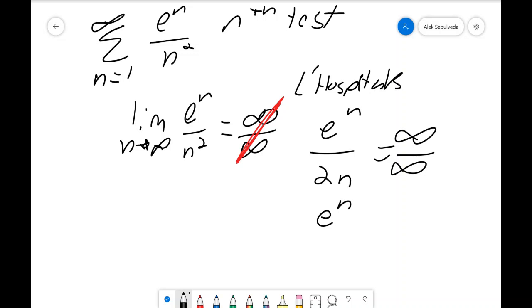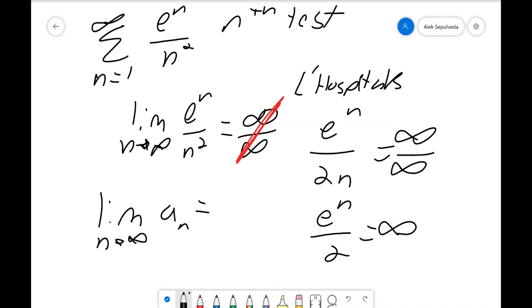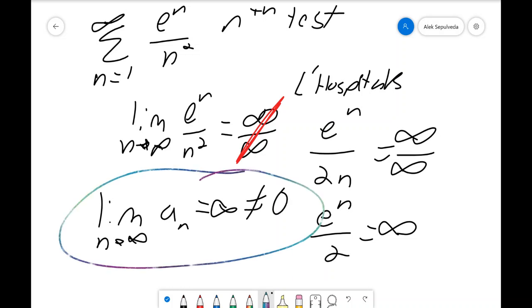This is e to the power of n over 2, which gives us infinity. So now that we know that the limit as n approaches infinity of a sub n is equal to infinity, which is not equal to 0, we're able to say this all diverges.